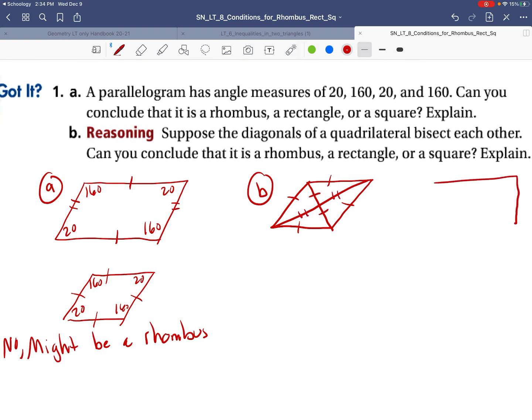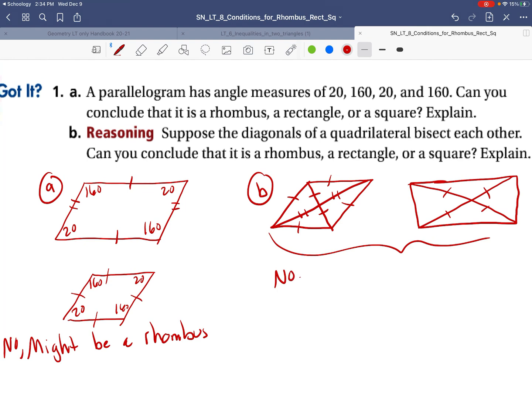In a rectangle, they also bisect each other. The reason that works for those two, and therefore a square as well, is that it's a property of a parallelogram.